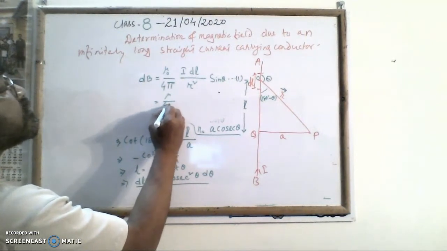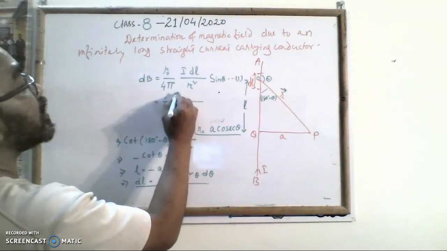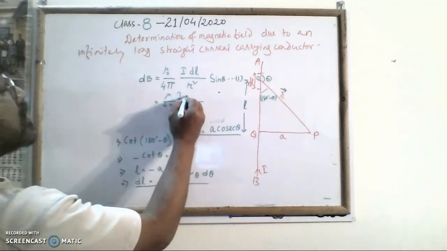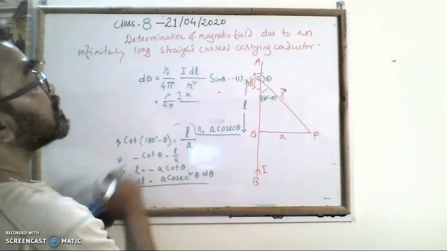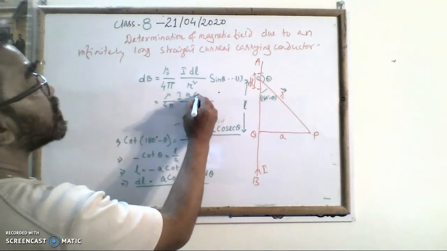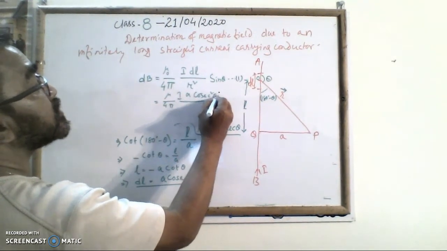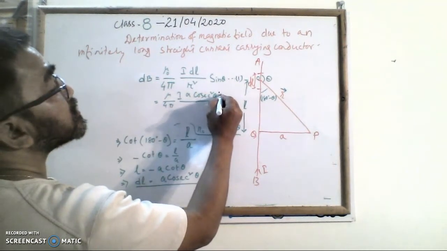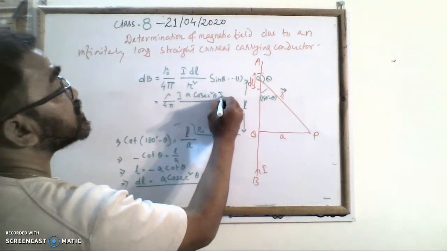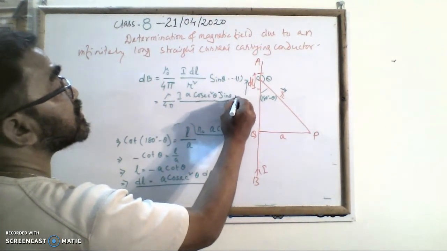Mu naught I by 4 pi, dl is equal to A cosec square theta, and sin theta is already there, d theta.